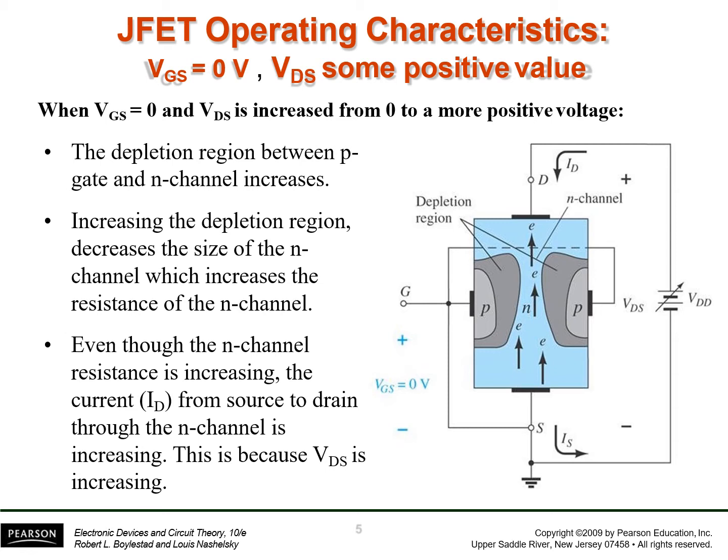Now let's have an example in which we connect the gate to the source, which means that the voltage between the gate and the source is 0, and we increase the voltage between the drain and the source.